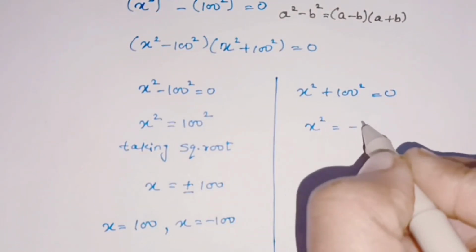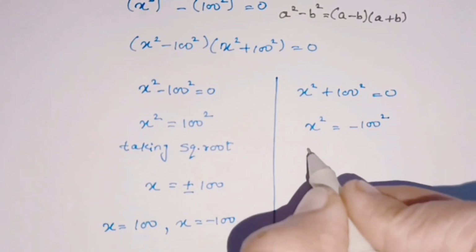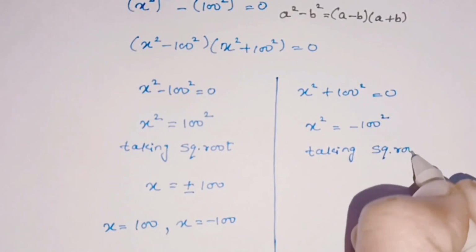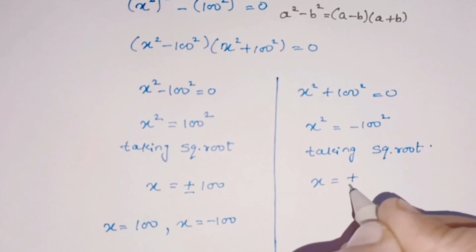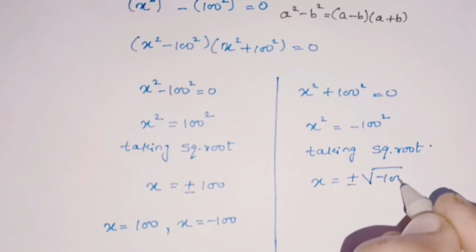Similarly, this equation can be solved. We can write it as x square is equal to negative 100 square. By taking square root on both the sides, we get x is equal to plus or minus square root of minus 100 square.